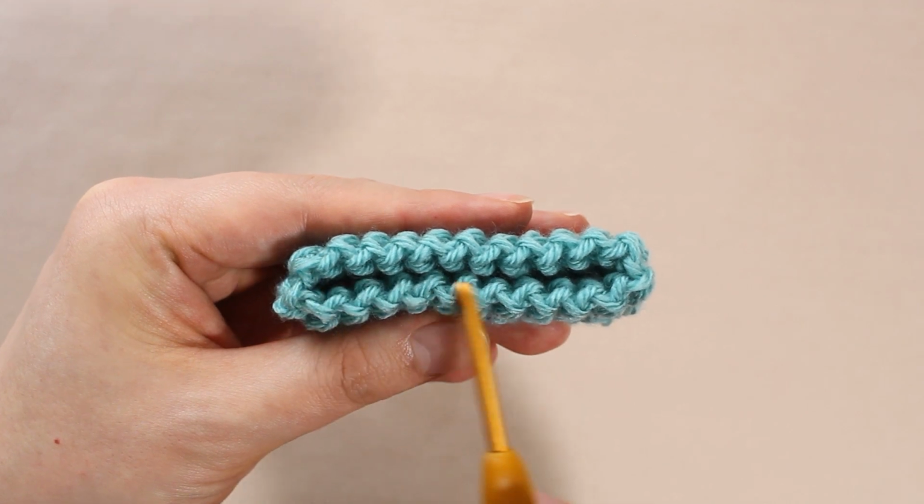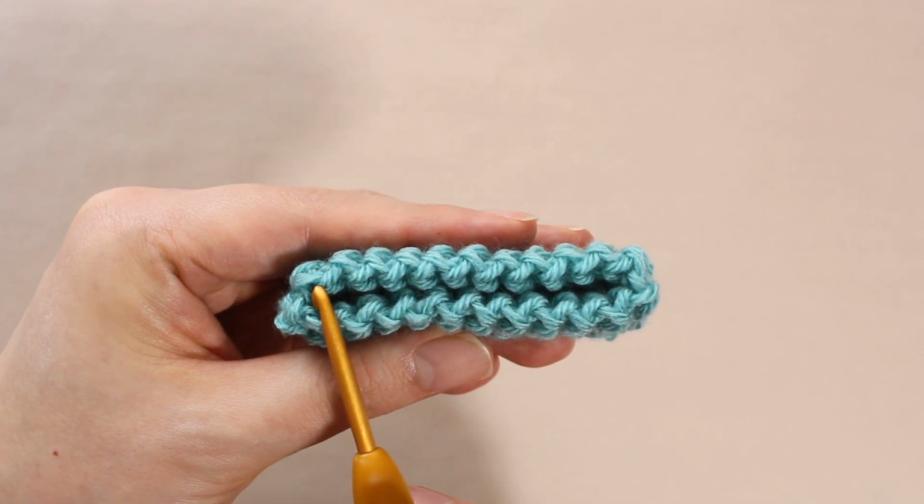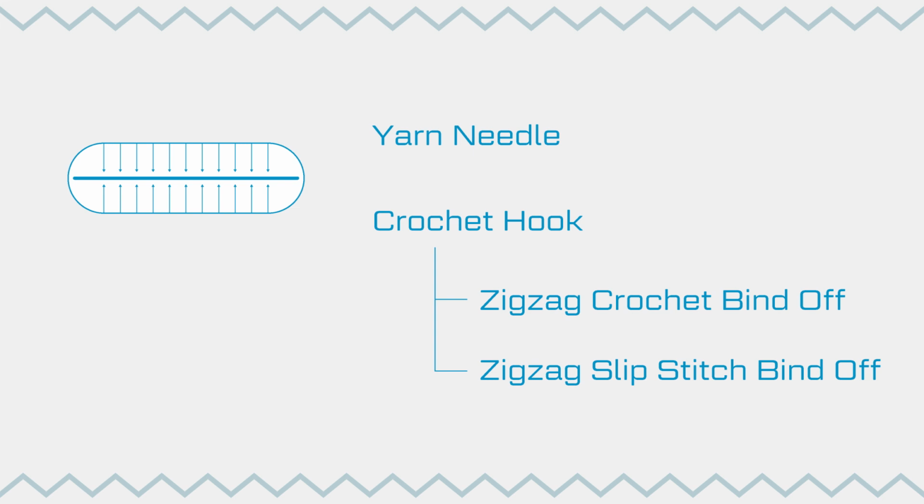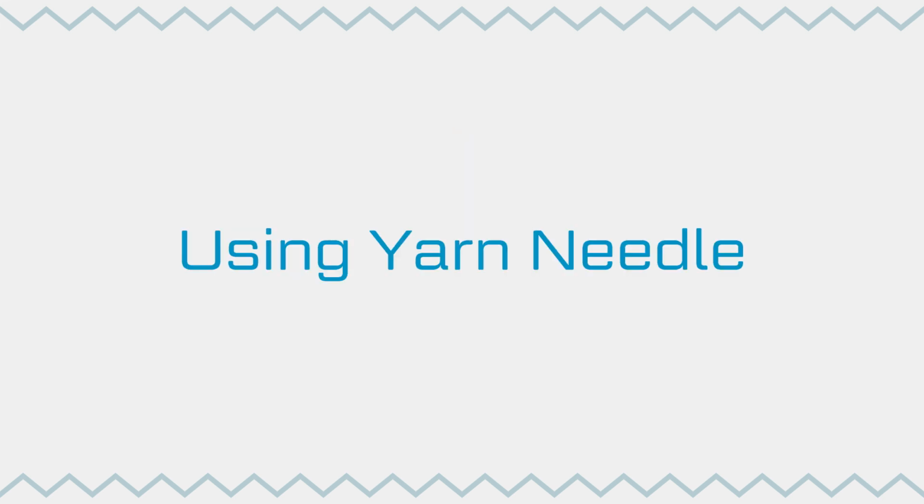Next, it is a way to join long and narrow holes in a straight line. There are 3 ways in total. One way is to use a yarn needle and the other 2 ways are to stitch together. First of all, a way to use a yarn needle.